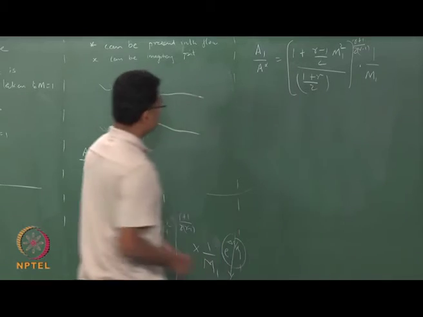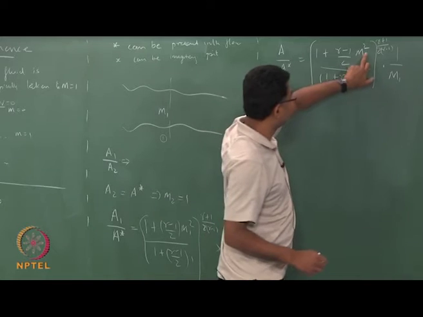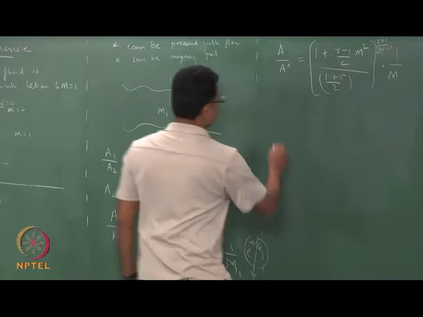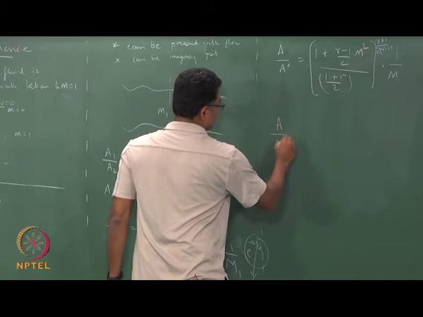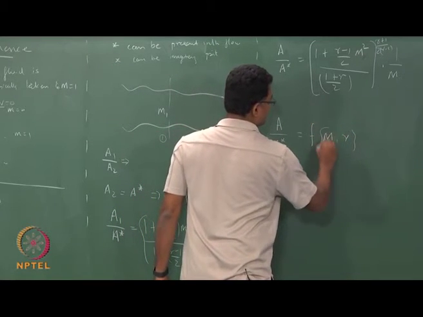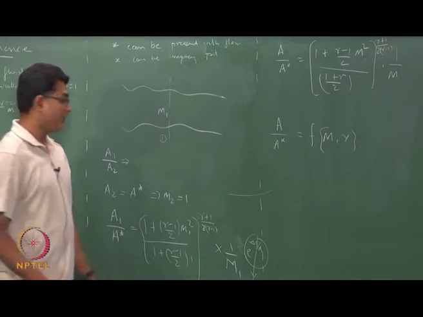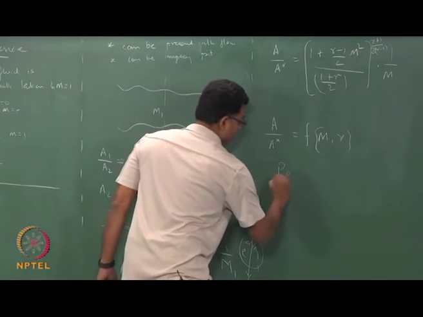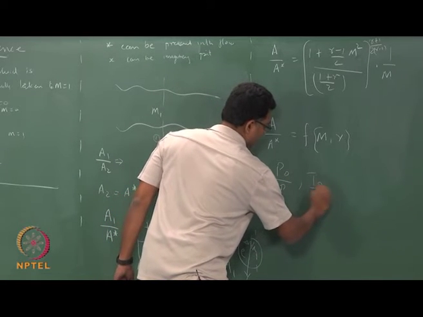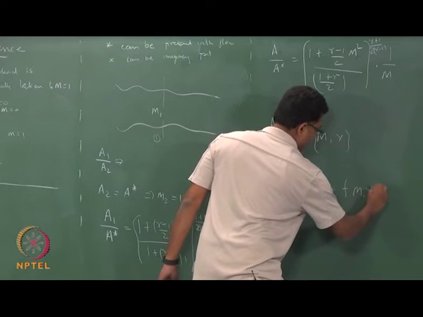So, for any location, I can remove the suffix 1. So, my A by A star is a function of M and gamma. Like what we had before, my P0 by P or T0 by T, which is also a function of M and gamma.